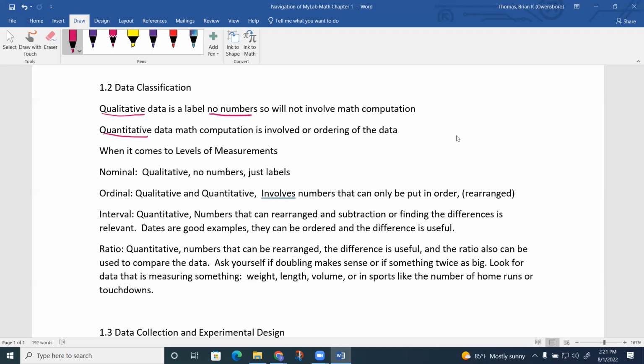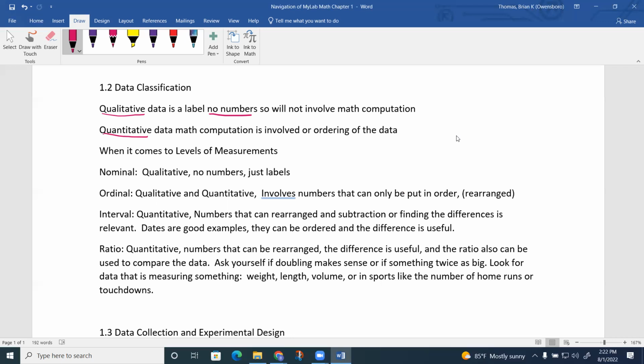So if you see data in the form of just labels that have no numbers, a lot of times we'll call that qualitative data. Quantitative data is data that has math computations present. If I'm involving ordering or doing some type of adding, subtracting, multiplying, or dividing, that's going to be quantitative data.